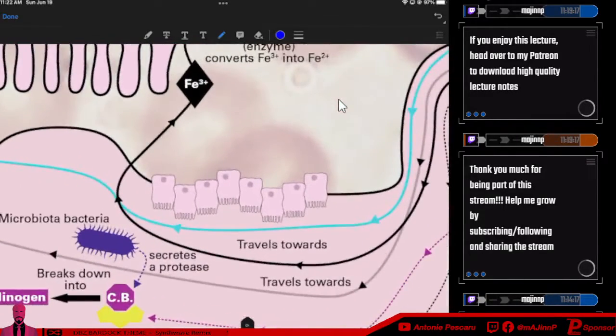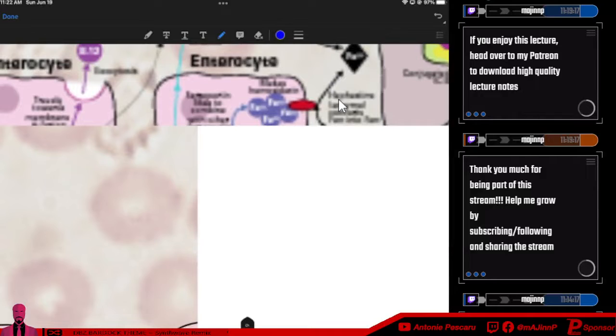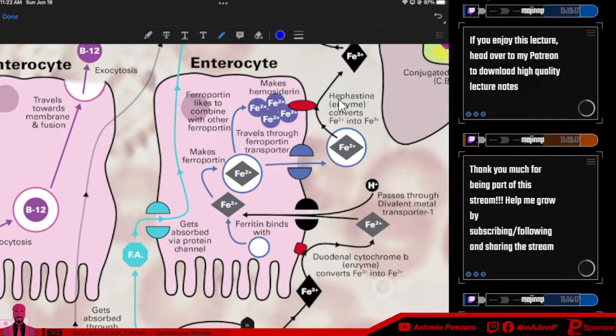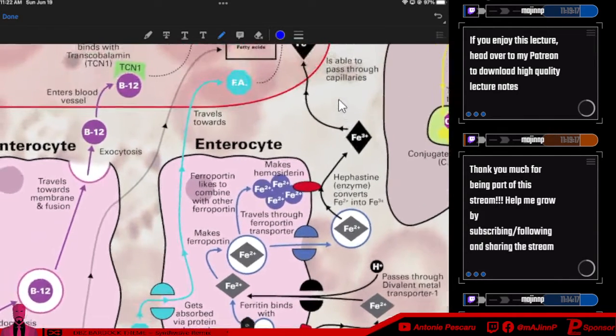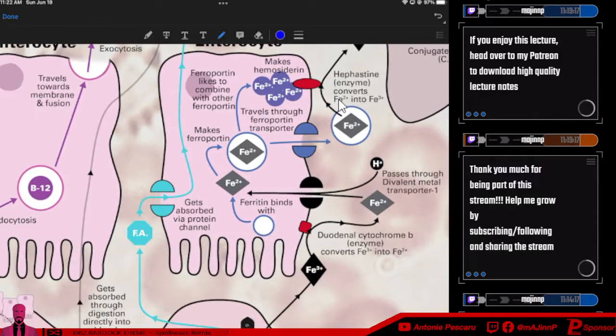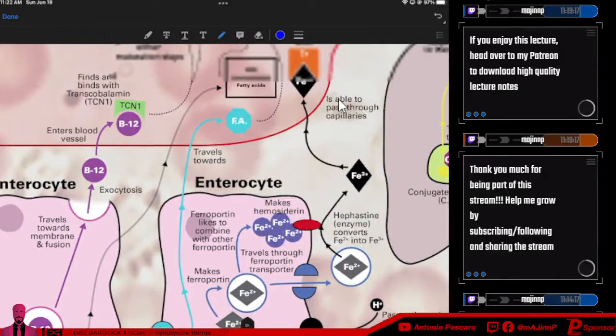And it's going to travel towards, eventually it's going to meet up with these cells. What are these cells? These cells are your enterocytes. The enterocytes have this specific protein channel that is specific to the folic acid. It intakes, and it's usually a simple pathway. It's just going to intake it. It's going to then eject it into the blood circulation.